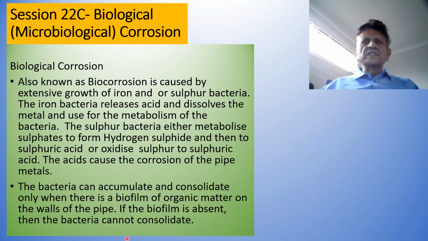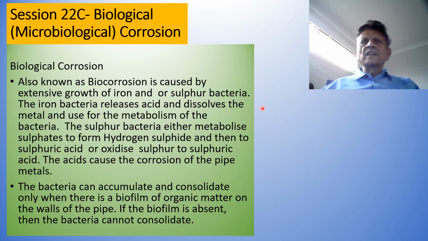The first we shall discuss will be biological corrosion. It is also known as biocorrosion and is caused by extensive growth of iron and sulfur bacteria. The iron bacteria release acids and dissolve the metal, which is used for the metabolism of the bacteria.